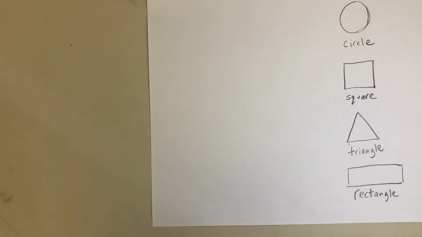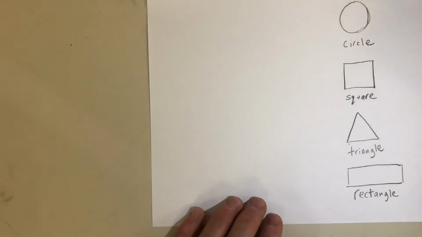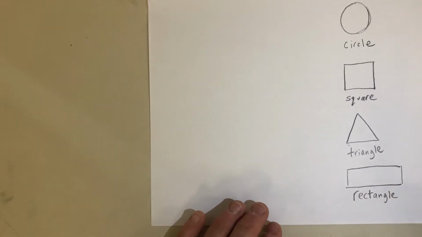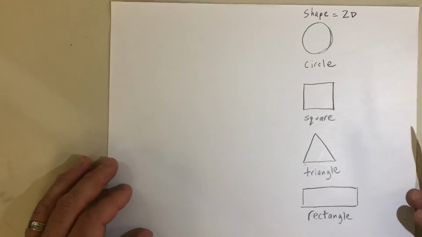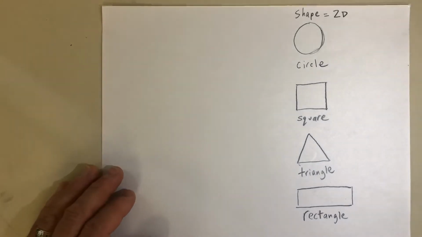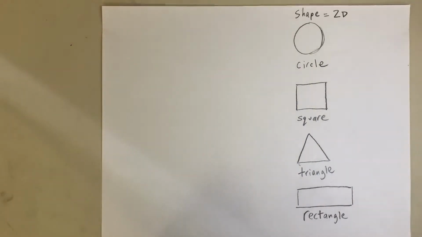Now, to make these objects into 3D forms, go ahead and draw these on your paper if you haven't yet. And then we're going to start to turn them into three-dimensional forms. And how do we do that? Well, adding other lines and adding shading.